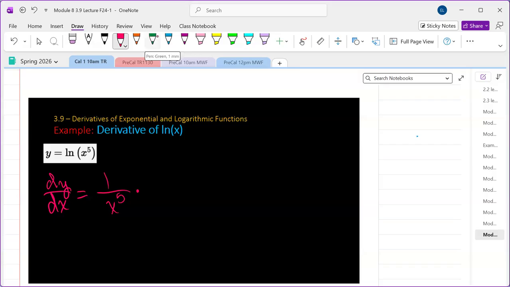Well, the derivative of x to the fifth is 5x to the fourth. But now I see there's an x to the fourth on top and an x to the fifth on the bottom. I can reduce that, so I end up with 5 over x.